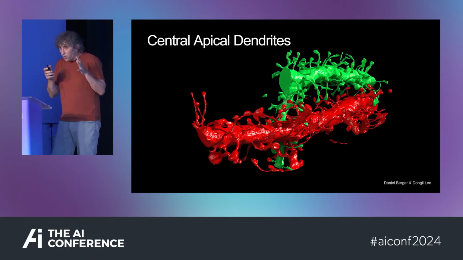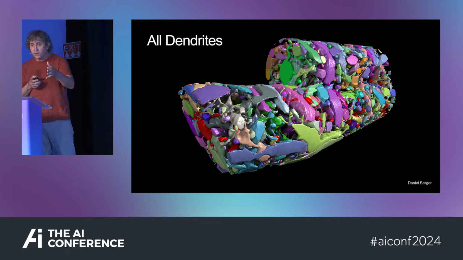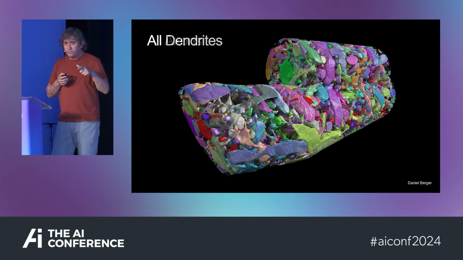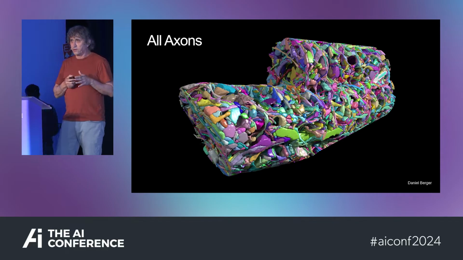If you take a little sliver of brain, here are two dendrites, parts of the receptive part of neurons. Here are all the dendrites in a volume. It looks really packed and dense. And in the same volume, you also have a lot of axons going through, the messaging parts of the neurons.